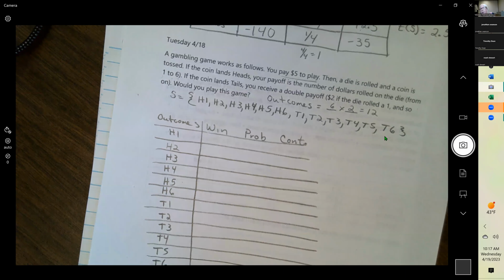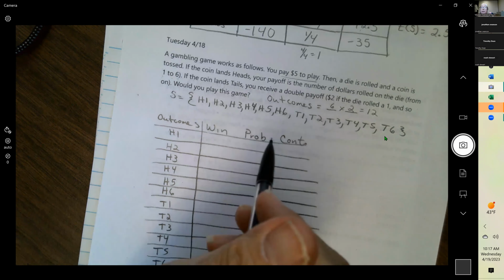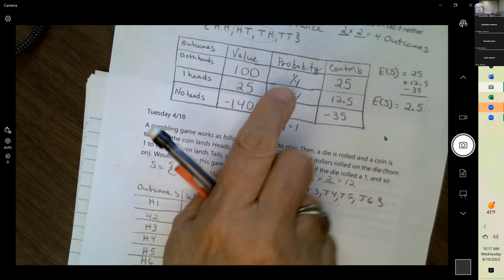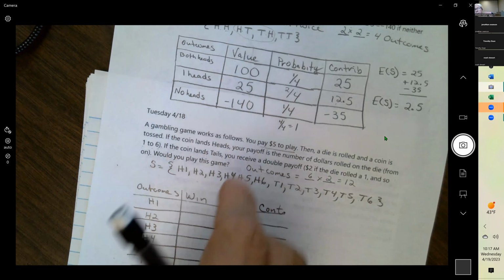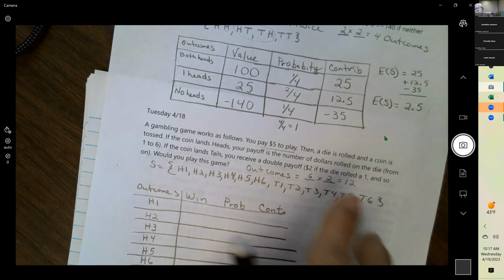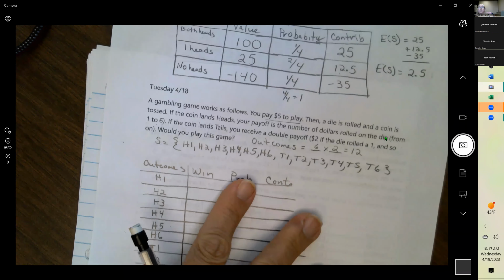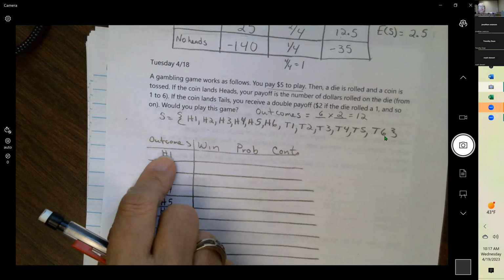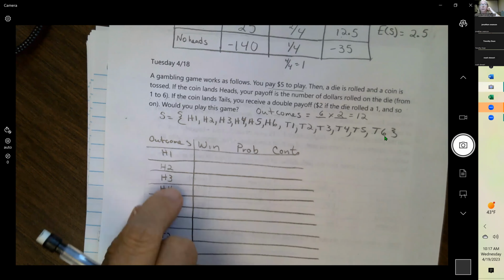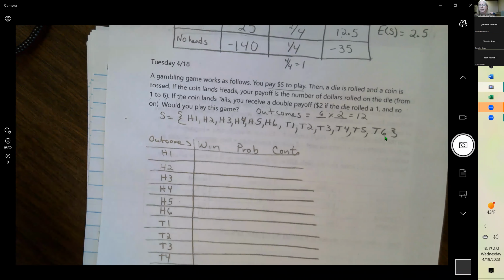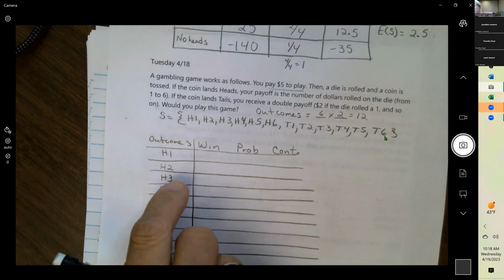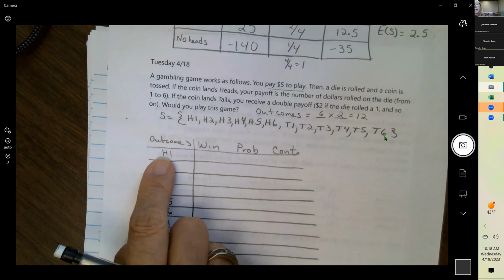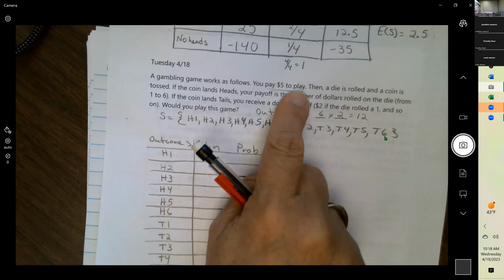Now we have to think about our winnings. Now, when you're talking about your winnings, you have to include the $5 to play. This one didn't have anything that you had to put down to start with, but this one does. So if we toss a head, remember heads, you win what's on the die. So if we have this one, we're going to get $1, but it costs 5 to play.